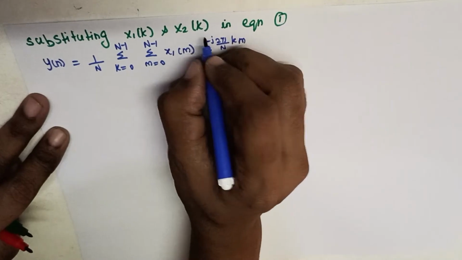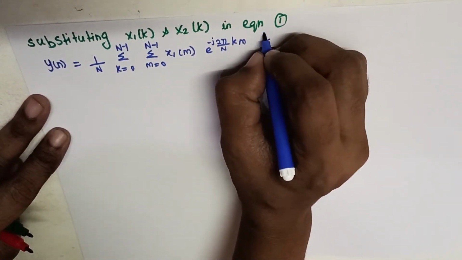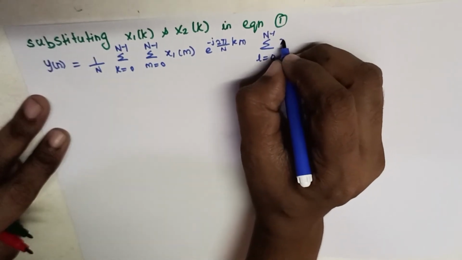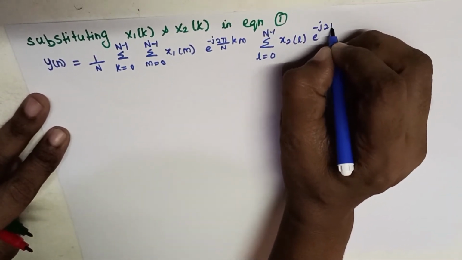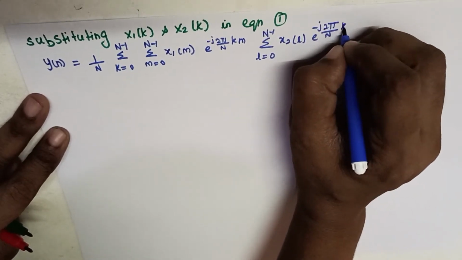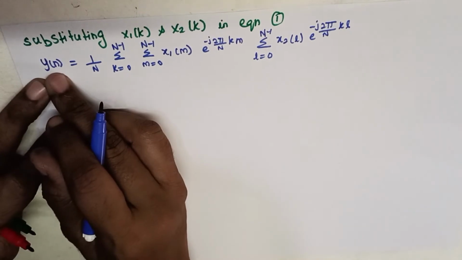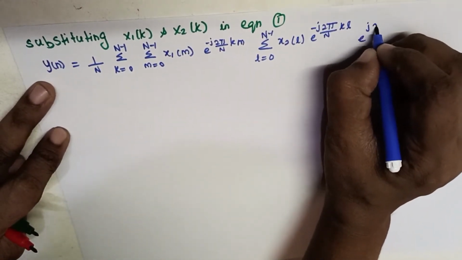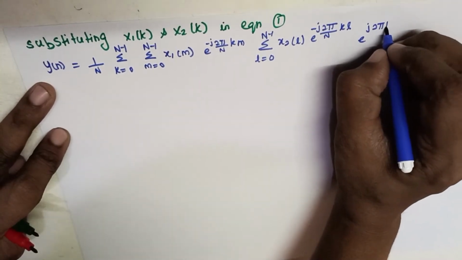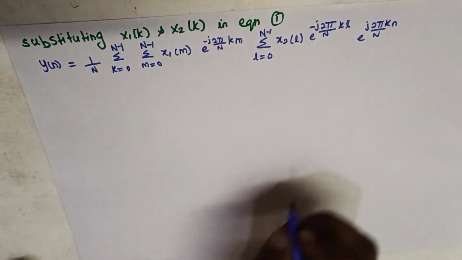Then you have x2 of k, the formula for which is summation L is equal to 0 to n minus 1 x2 of L e power minus j 2 pi by n k L. And in the equation of y of n, we had an exponential term which is e power j 2 pi by n into k n.